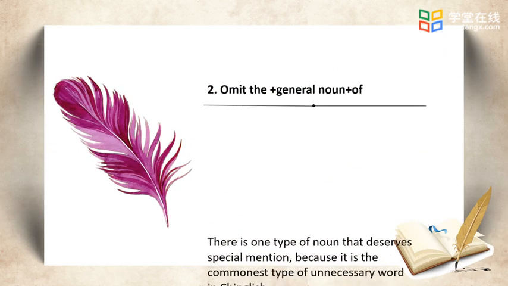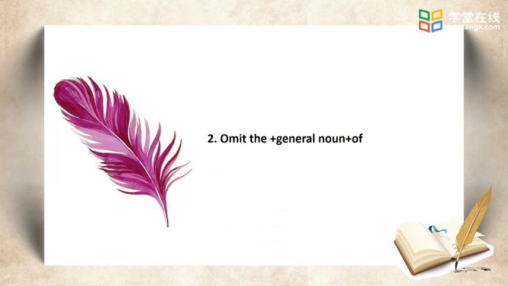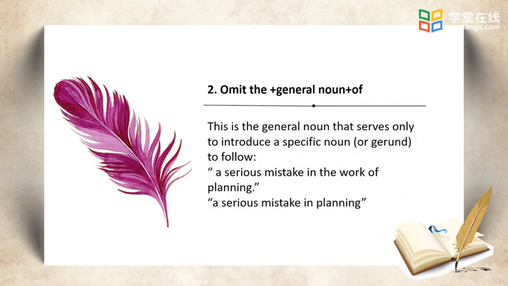2. Omit the plus general noun plus of. There's one type of noun that deserves special attention because it is the commonest type of unnecessary word in Chinglish. This is the general noun that serves only to introduce a specific noun or gerund to follow. A serious mistake in the work of planning.